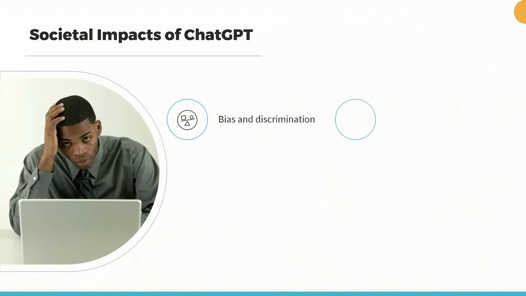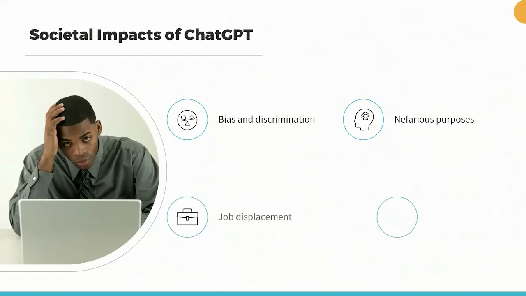There is also a risk of the model being used for nefarious purposes, such as spreading misinformation or conducting phishing attacks, which can have serious negative consequences for individuals and society. Finally, the potential for job displacement and economic hardship resulting from the automation of tasks with ChatGPT is a concern shared by many, as it may lead to inequality and social unrest.